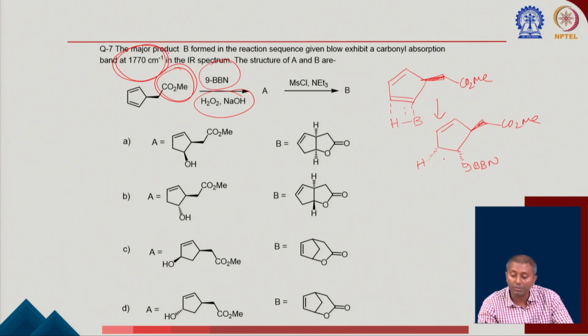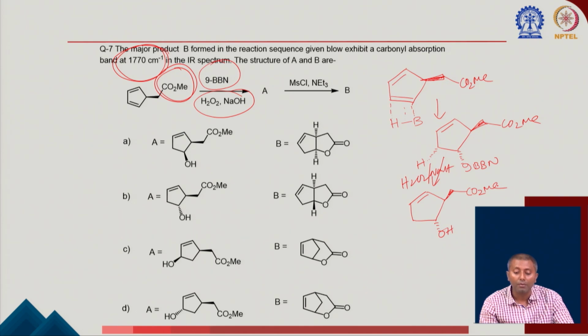You treat with H2O2, NaOH. So that can oxidize this to the corresponding alcohol. Okay, once you have this alcohol, you are treating it with methyl chloride, I mean mesyl chloride, and triethylamine. Okay. So you got the A compound.